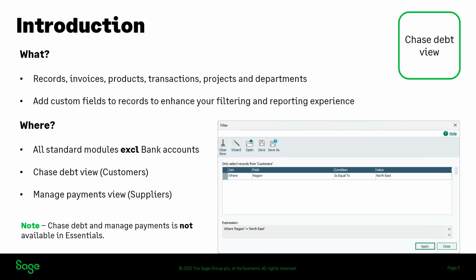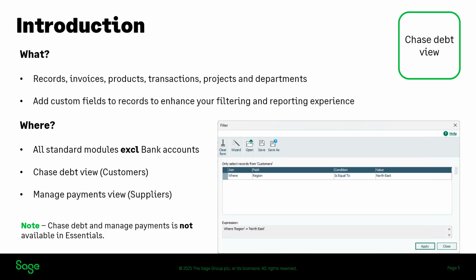So where do you find the quick search and filter options? It's going to be in all standard modules, excluding the bank accounts module. You've also got the chase debt view in customers and manage payments view in suppliers.